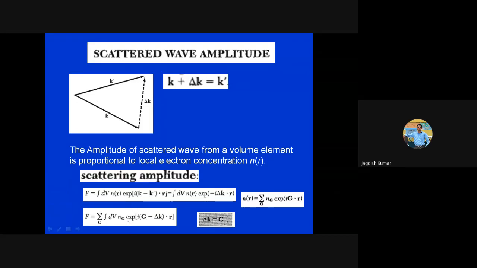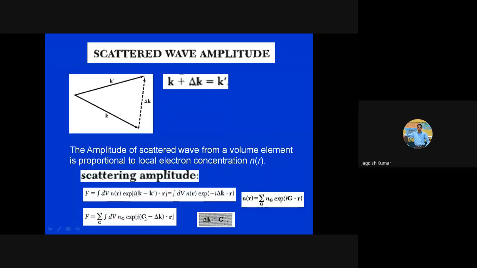This is the oscillatory term of the integrand, right? And this is nothing but a sinusoidal function. So now more is the deviation of G. Suppose, take the first case when G is equal to delta K. In that case, this term is zero. So this whole function is one. So the integral is going to be non-zero, right? And some maximum value, whatever it is.